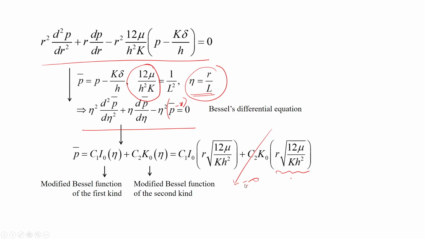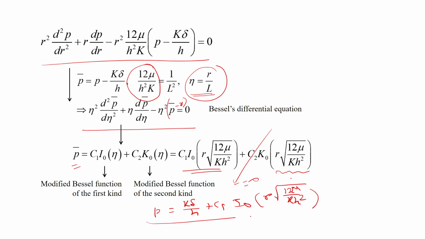So, we have the solution of p bar in terms of the Bessel function of the first kind, and p bar is equal to p minus k delta by h. Therefore, p is k delta by h plus C1 into I0 of r into square root of 12 mu by k h square. That is the solution of this equation.